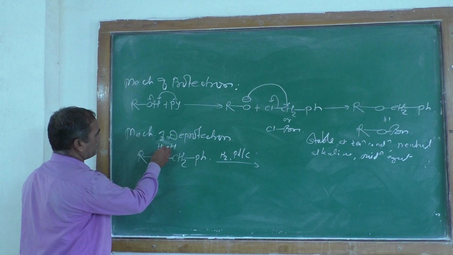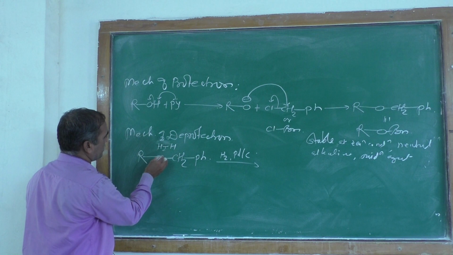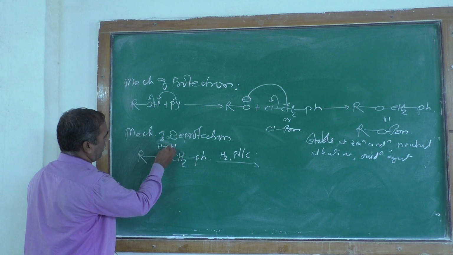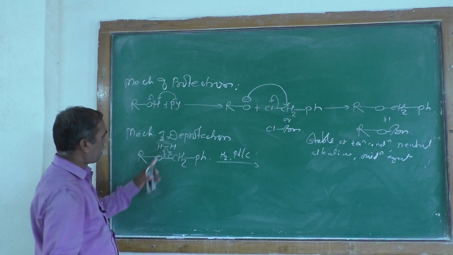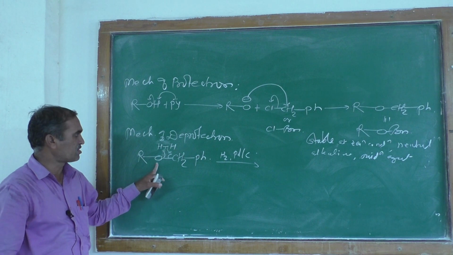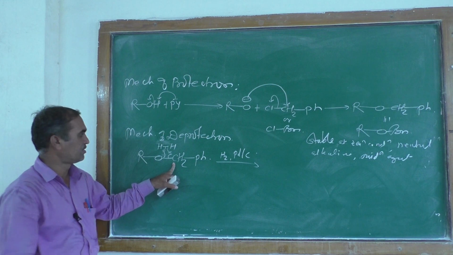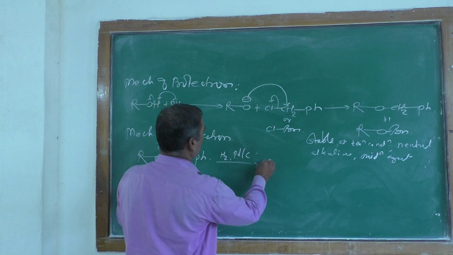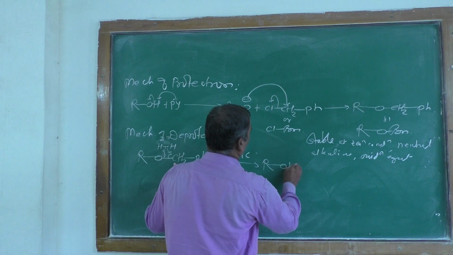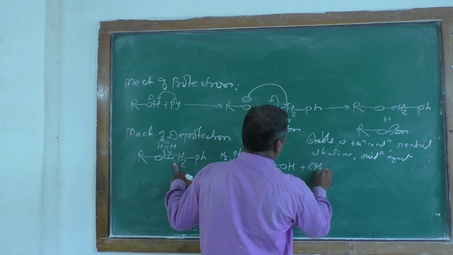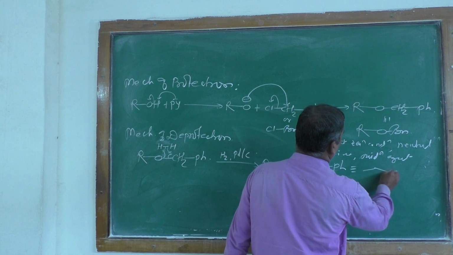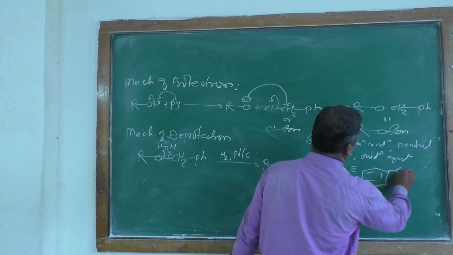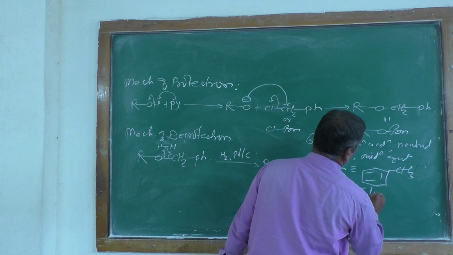So this bond may be cleaved in this way, and one hydrogen goes with oxygen and one hydrogen goes with that CH2 group, so that we are going to get ROH and then CH3-Ph, or we can write this in this way also, CH3, that is a toluene, right?